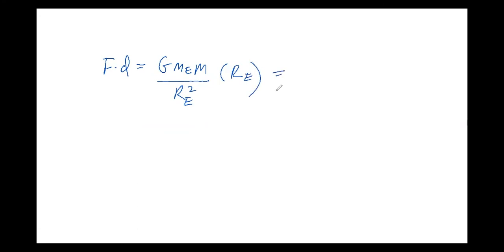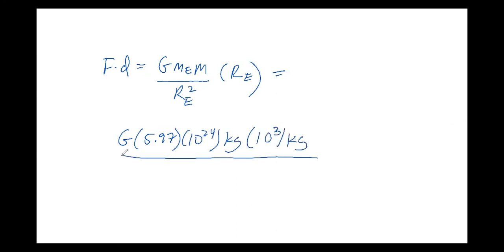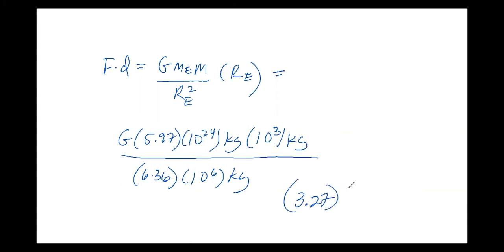If I do the math, it's going to be equal to G, 5.97 times 10 to the 24th kg, times 10 to the 3rd kg, that's the satellite, divided by 6.36 times 10 to the 6, and that is going to be negative 3.27 times 10 to the 10th joules.